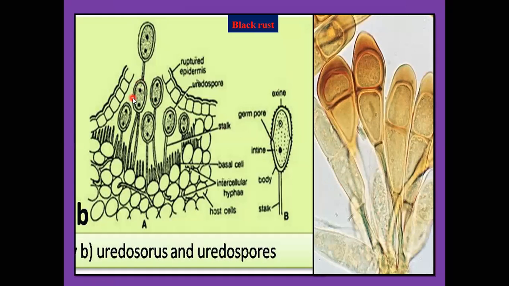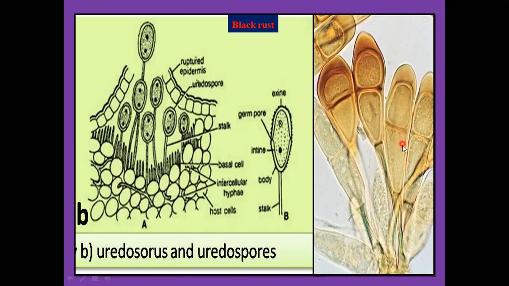This is the single-celled urediniospore, which has some spiny structures. This is the single-celled urediniospore present in these uredopustules. After maturation of these uredopustules, the teliopustules are produced on the same lesions, and these teliopustules contain the teleospores. So these are the two-celled teliospores.